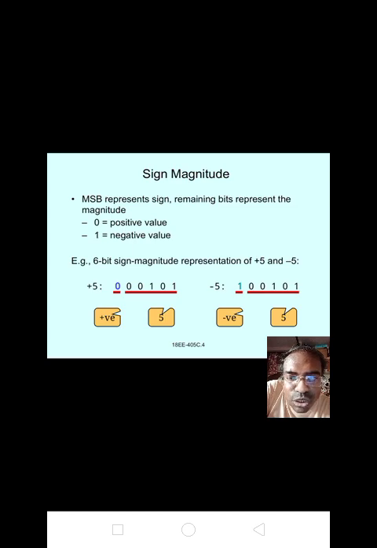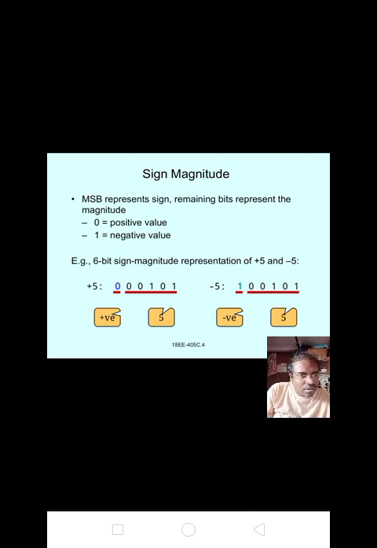Here it is 6 bits, but the 6th bit is the sign. Positive means 0, negative means 1.